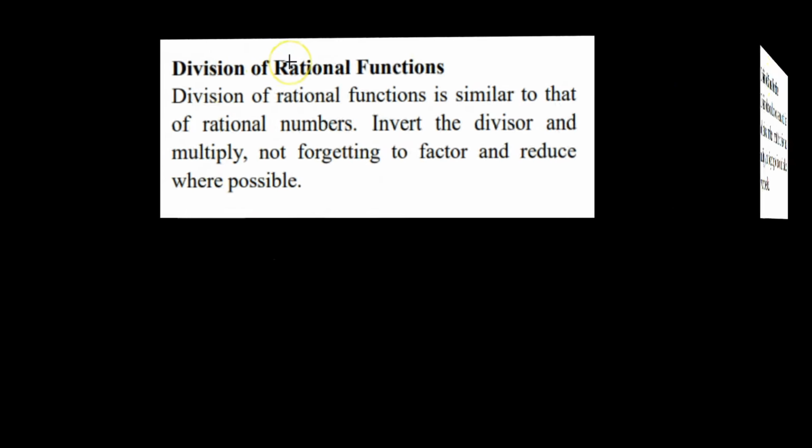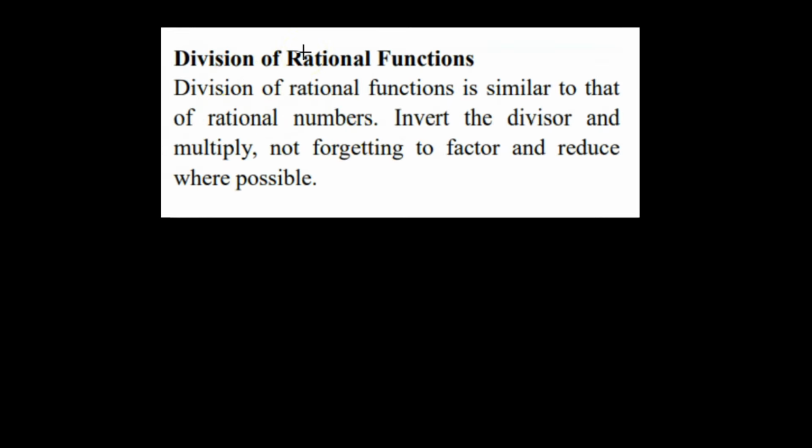Then the next aspect is division of rational functions. Division of rational functions is similar to that of reducing a rational function into the simplest form. But in a situation whereby you have two rational functions dividing, then you have to think of changing the division sign into a multiplication sign so that you invert the other rational function.